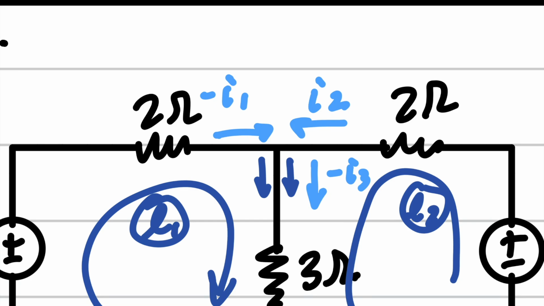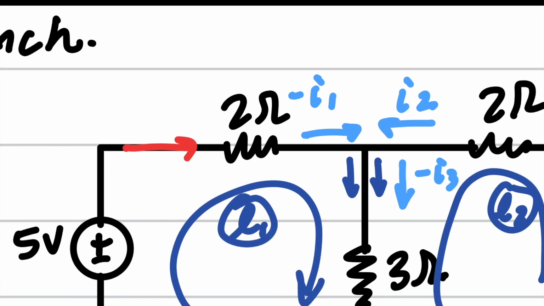Now, why does this matter? It matters because of your professor. If your professor says, find I, and they say this current is going this way, then you have to use the negative version. Why?